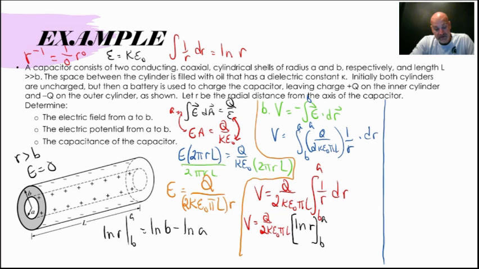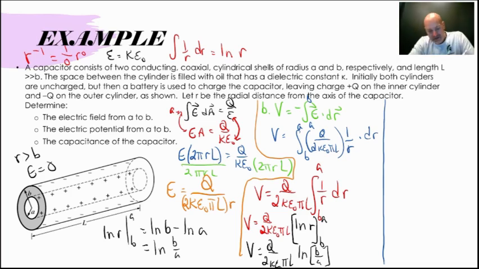If you're subtracting them, that just becomes division. So ln of B over A. So I'm going to substitute that all over here. So Q over 2 kappa epsilon naught pi L times ln of B over A. So right there is our potential in that region of the oil.